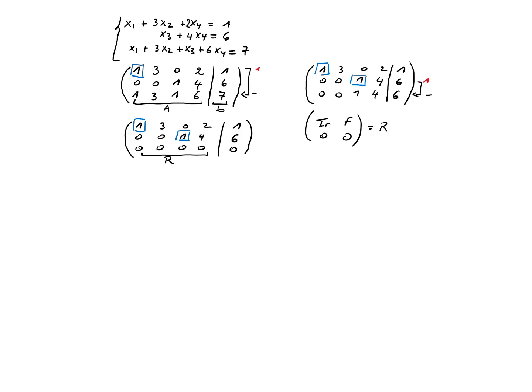In our case we have R, n minus r, and m minus r, so m is equal to 3, n is equal to 4, and r is equal to 2 over here. In order to obtain this matrix in this form, we have to swap these two rows.